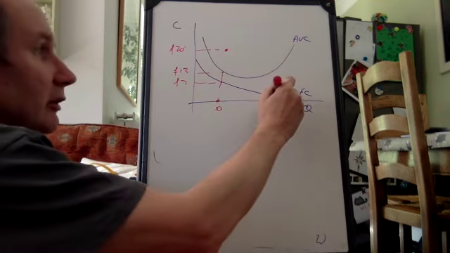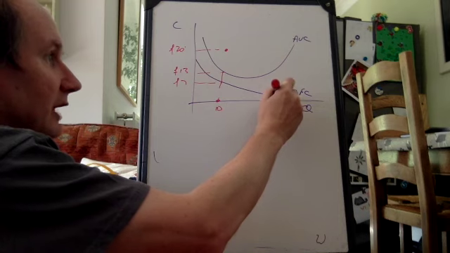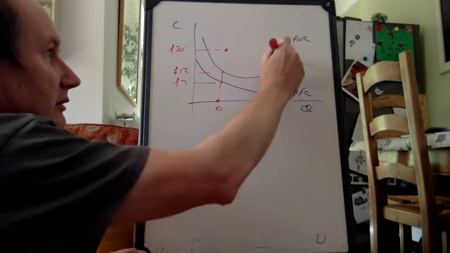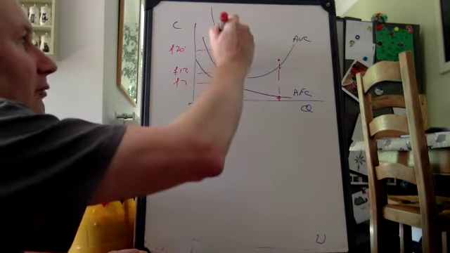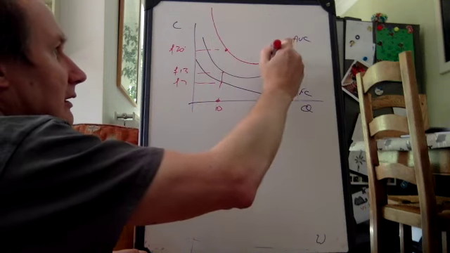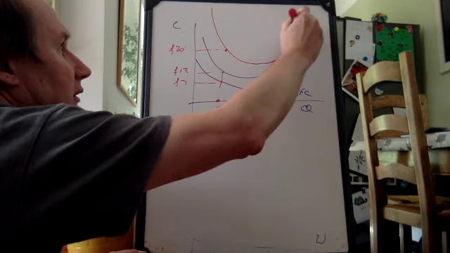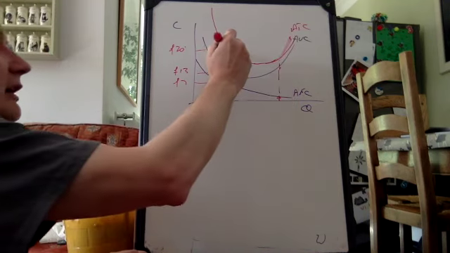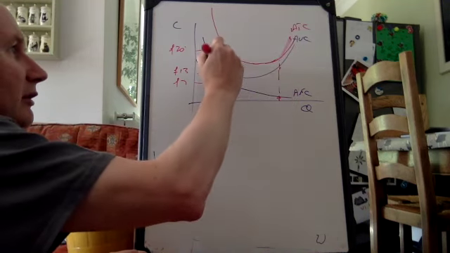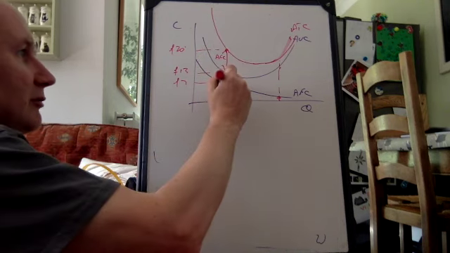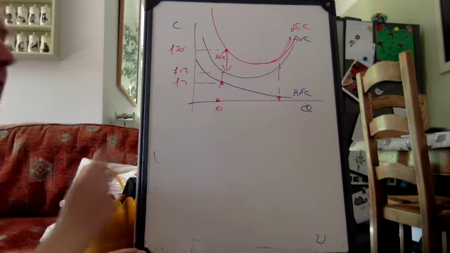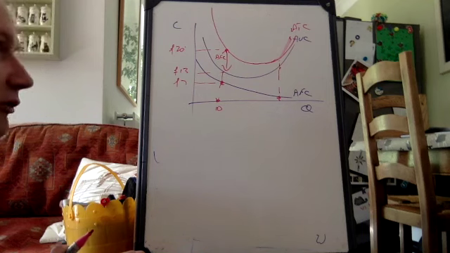Because I'm adding a smaller and smaller amount on, so their fixed costs are only £2, my average cost would be that. Average cost and average variable cost get closer and closer together, and the gap between them is your average fixed cost, because I'm just adding that on to find the average total cost curve.